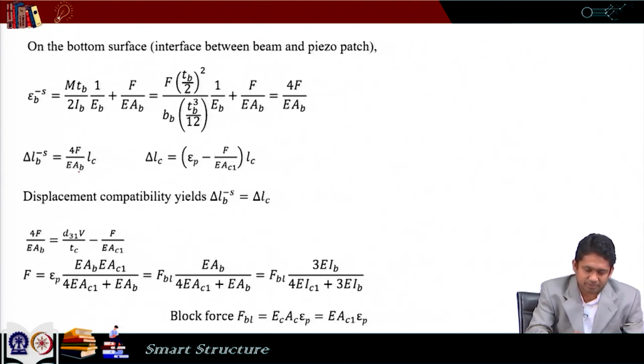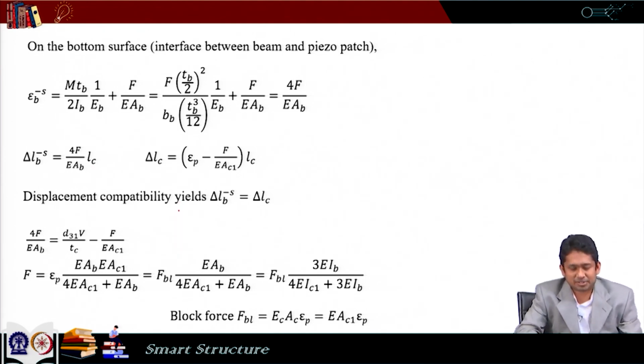So, we have this strain here multiplied by LC, and that is the extension of the bottom surface of the beam. Now, for compatibility, that must be equal to the extension of the actuator. Now, the extension of the actuator is this.